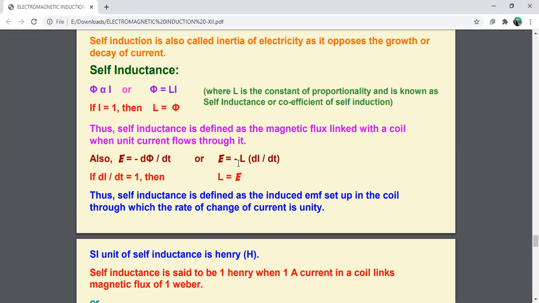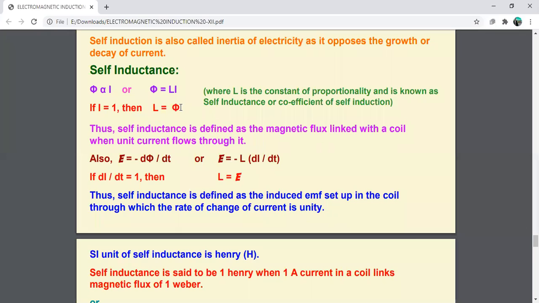Instead, it will oppose the flow of current through the coil, because it is opposite to the supplied voltage. Now, try to understand: if di by dt equal to 1, that is, if the rate of variation of current is equal to 1, then the coefficient of self-induction just becomes equal to the induced EMF.